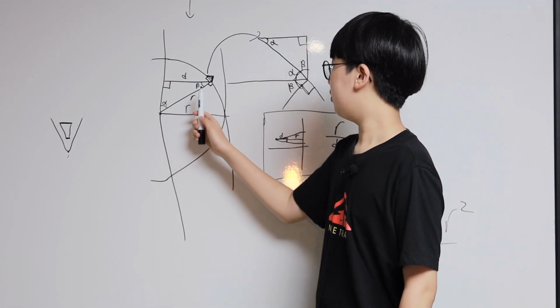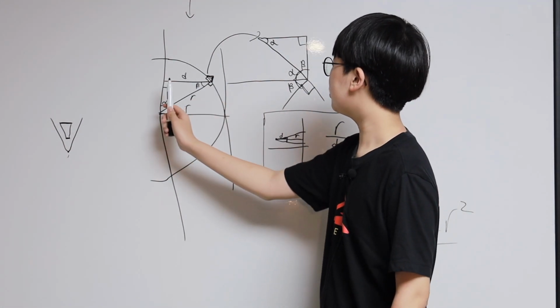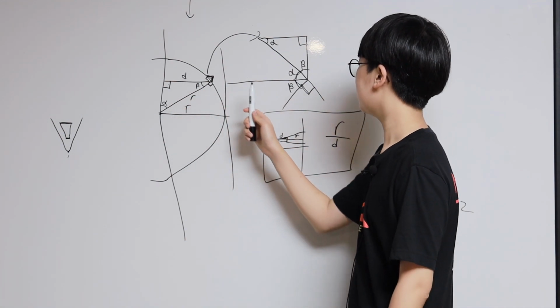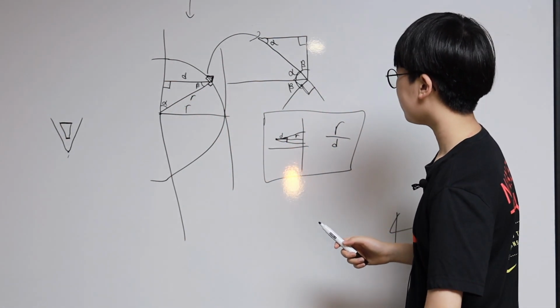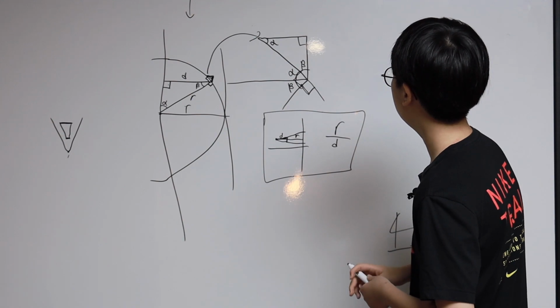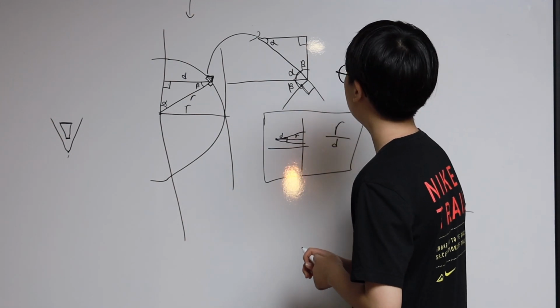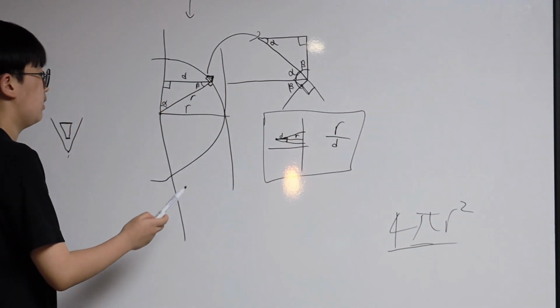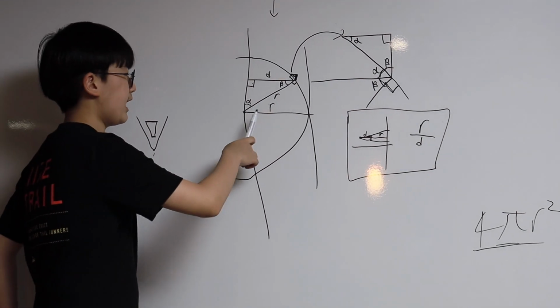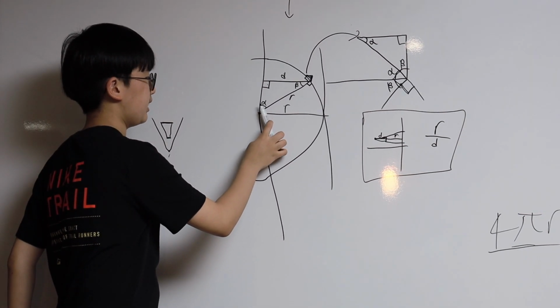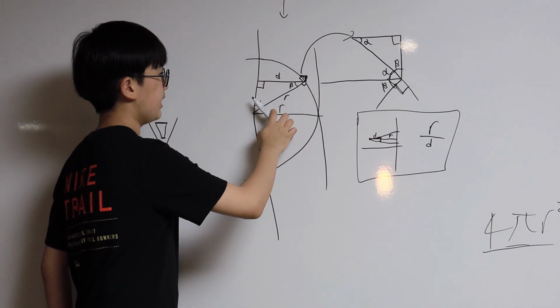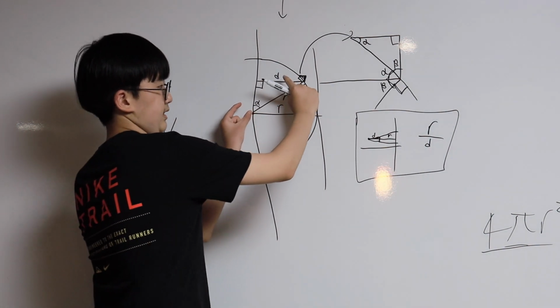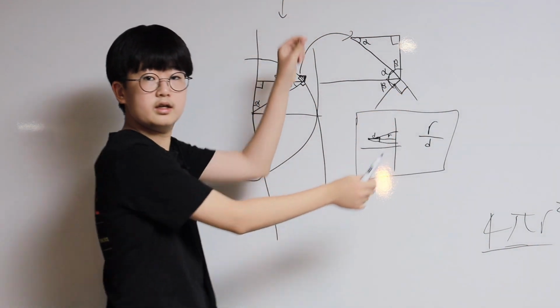So, when D decreases, and if you think of the angles here, this triangle is basically turned like that.